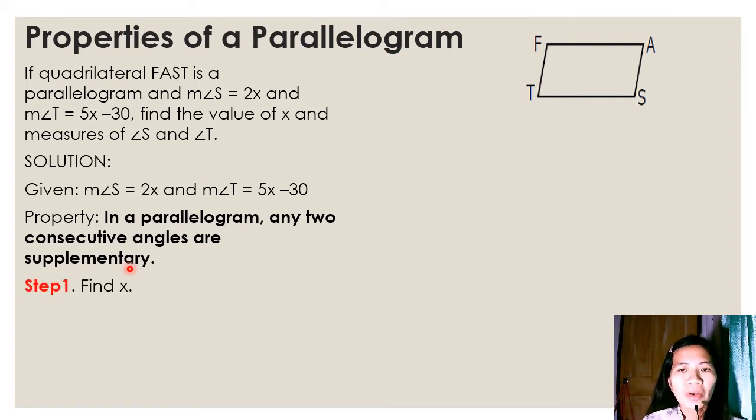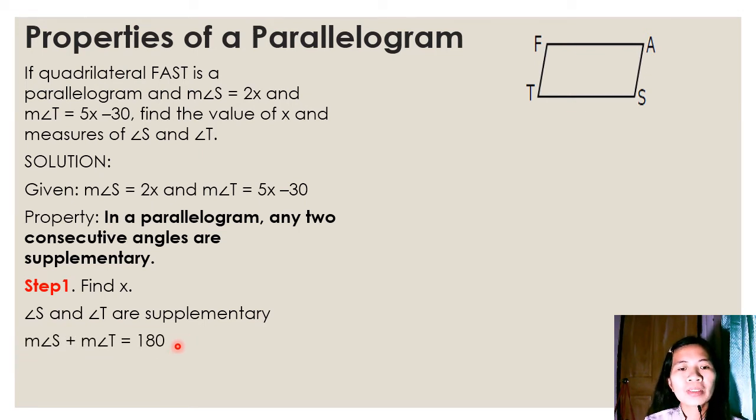So first, we look for the value of x. We have here angle S and angle T are supplementary. This means that the measure of angle S plus the measure of angle T is equal to 180 degrees.